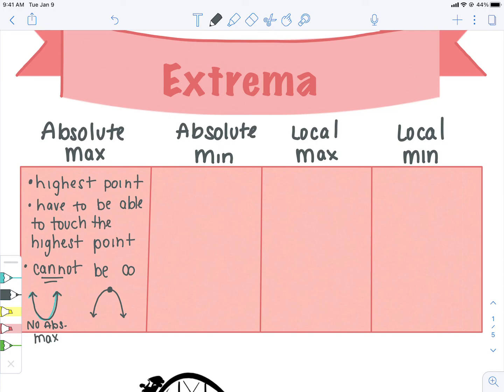Absolute min, lowest point on the graph. Same thing, you have to physically be able to see that lowest point. It can't be something like negative infinity. You have to be able to pinpoint it.